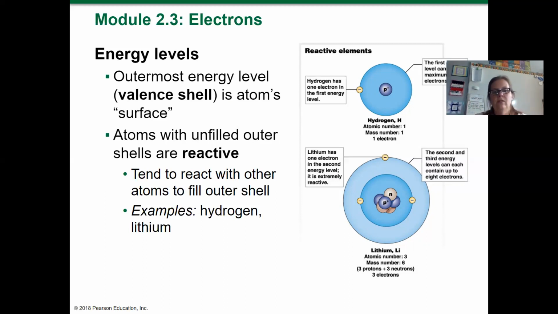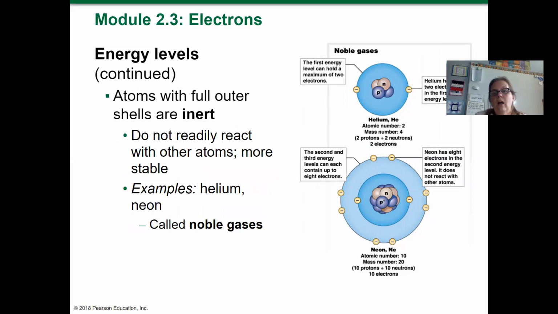Any empty spaces, there's a tendency for that atom to react in some way. If their outer shell is completely full, all the hotel rooms are full, the atom is more stable, also known as inert. That would be all the way to the right, that whole column of noble gases.